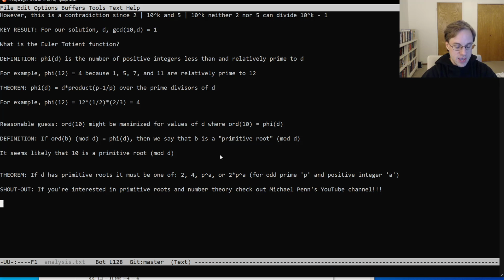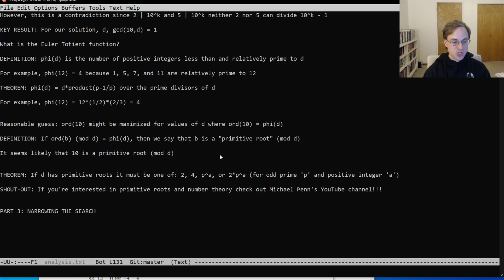Okay, so now we're on to part 3, narrowing the search. At this point we've guessed that 10 is probably a primitive root mod D, and we've narrowed down what the possible values of D that have primitive roots can be.